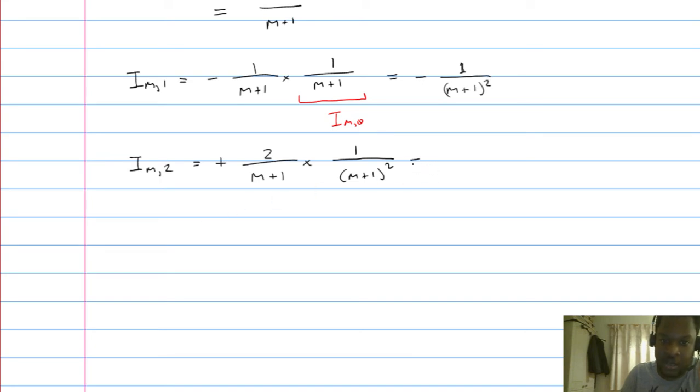And of course, we'll take one stage of simplification. We'll write that as 2 over m plus 1 cubed. And of course, I stress that this here is I_{m,1}.